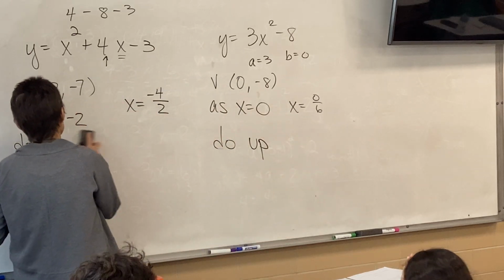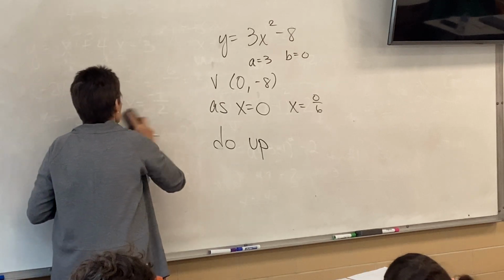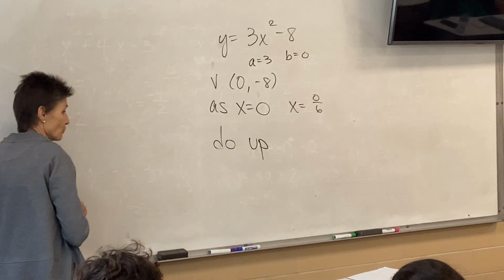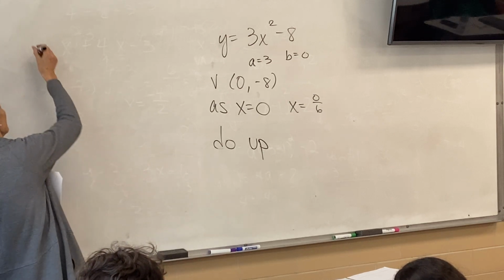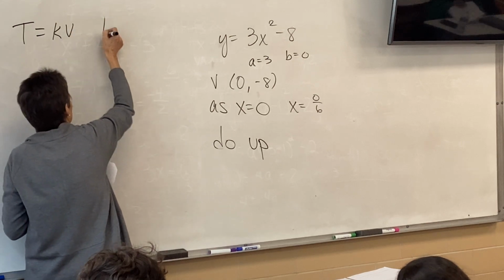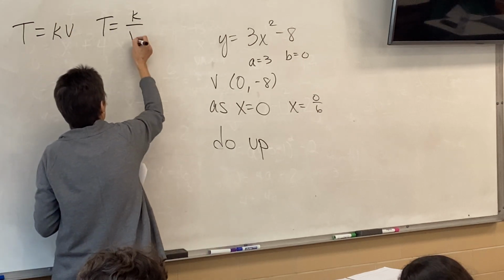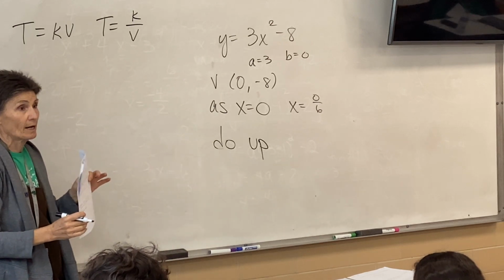All right, number 5. Temperature varies directly as volume. Guys, you have a choice. It's either going to be temperature equals K times V, or temperature equals K over V. Those are the only 2 kinds of variation that we have done.